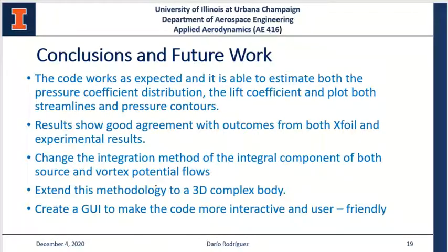Part of the future work that I am planning to do is to refine the integration method. Probably I need to change the numerical integration approach that I am using right now to an analytical approach, because those integrals can be solved analytically, so that could be better.